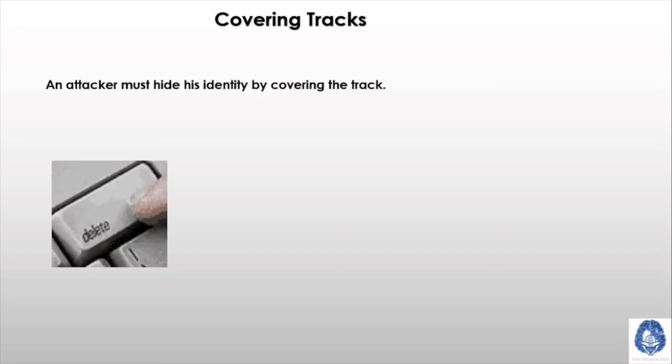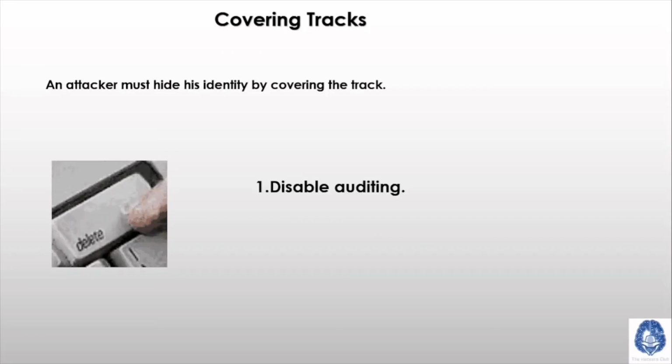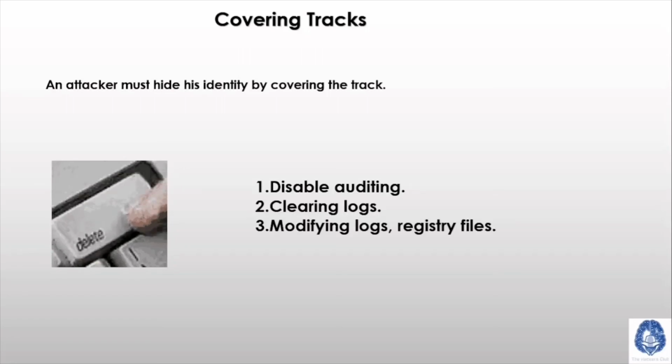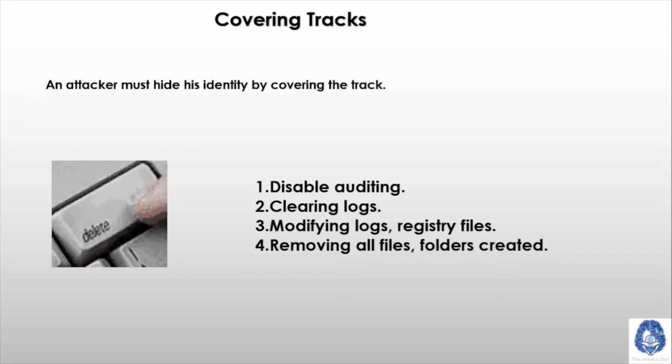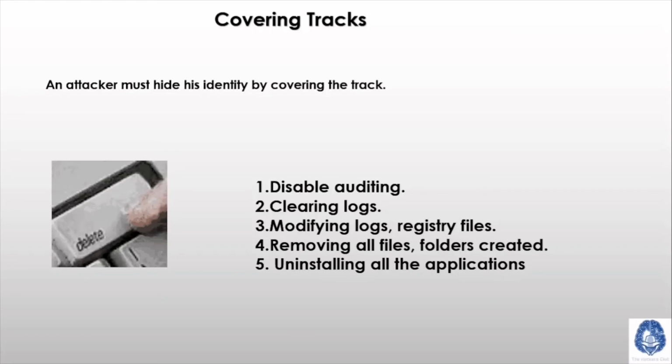So here he has to hide his identity by covering the tracks. There are many methods. One is disabling auditing, clearing the logs, modifying logs or registry files, removing all files and folders created, or uninstalling all the applications. So now we'll see how we can delete event logs.